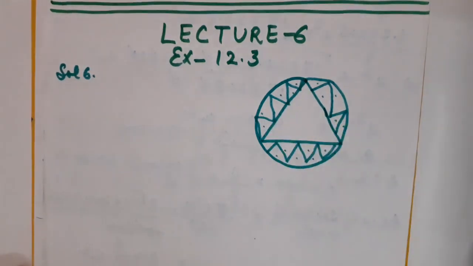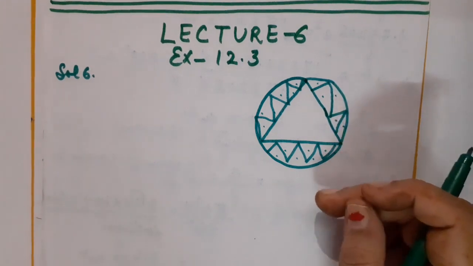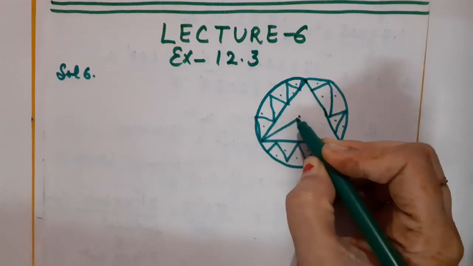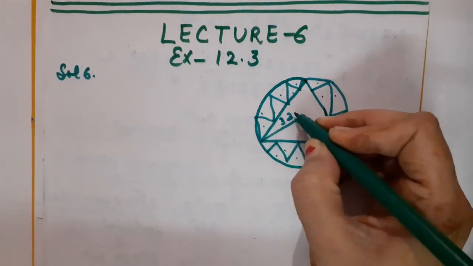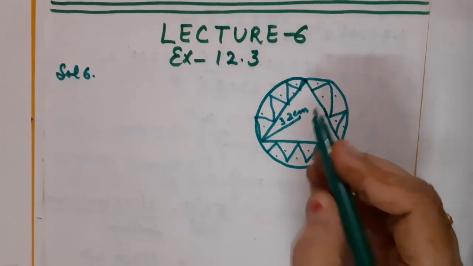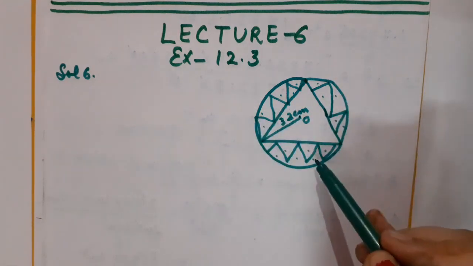Here, children, you can observe that there is a circle whose radius is 32 centimeter given to us. So this is radius 32 centimeter, and one equilateral triangle is made inside the circle. Fine, and we are supposed to calculate the area of this design.